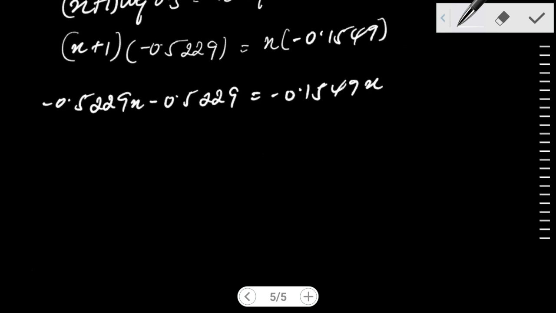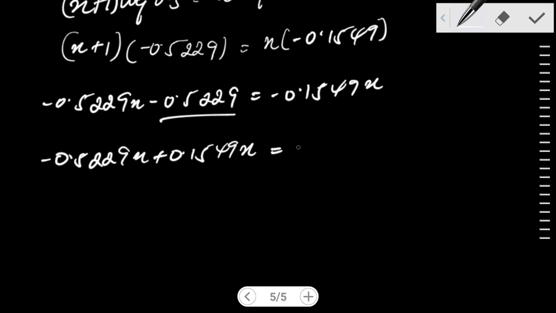And therefore, let's collect the like terms. So you find that I'm going to have negative 0.5229 x plus 0.1549 x, which would be equals to, now let's take this on the other side, 0.5229.